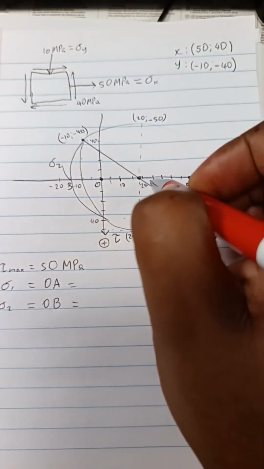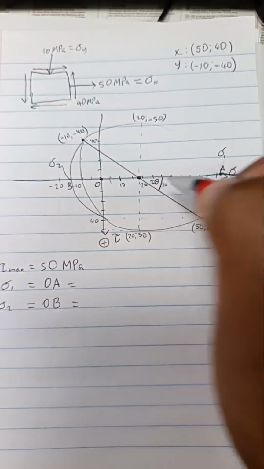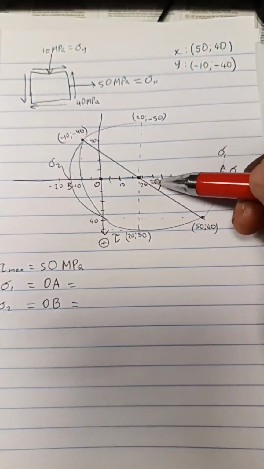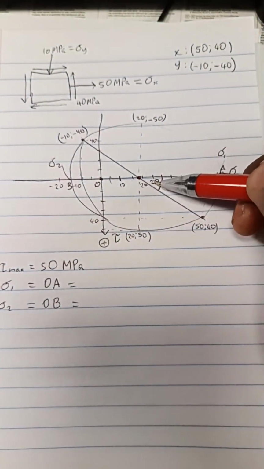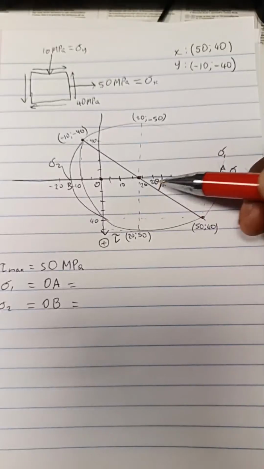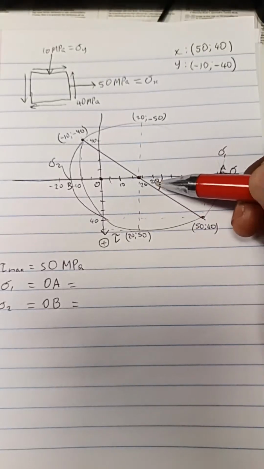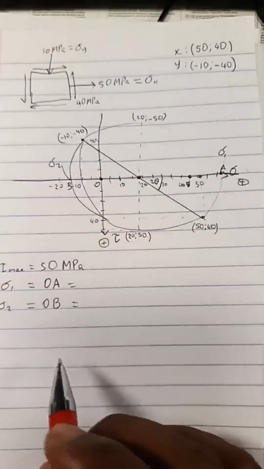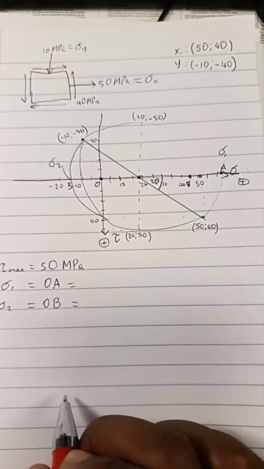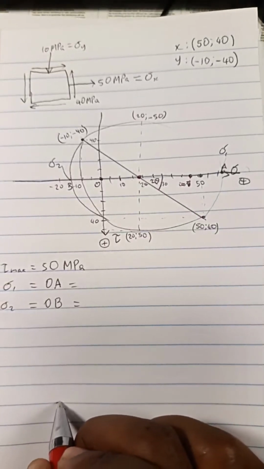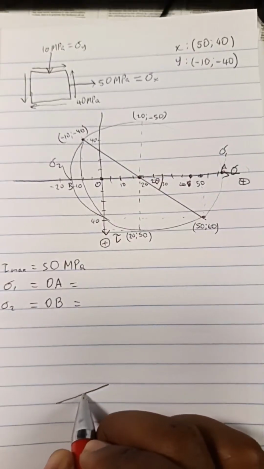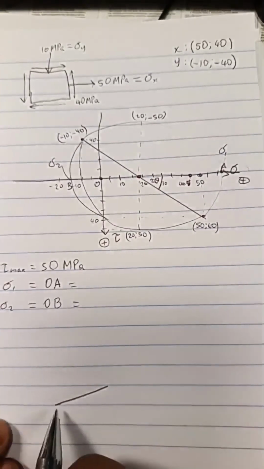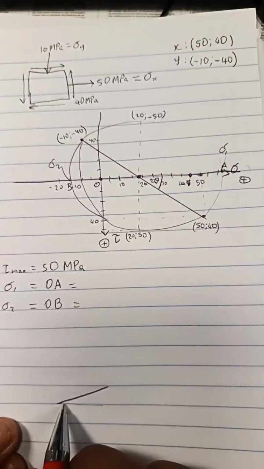And we know that this angle is equal to 2 theta. That means whatever value you are getting in this angle, you have to divide by 2. So you measure this angle. Let's say this angle is 40, for example. If this angle is 40, then you are going to measure 20 from here.